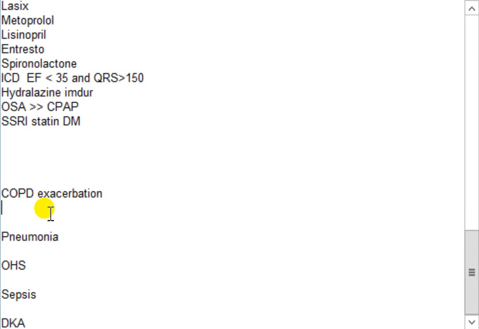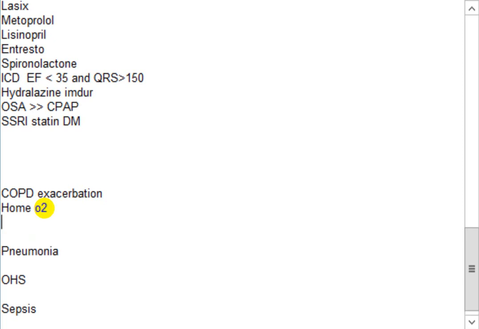You ask them about their medical history: if they have COPD, heart failure, asthma, cystic fibrosis, diabetes, the medications they're taking, are they compliant with their inhalers, how much home oxygen are they on, if they have obstructive sleep apnea, are they on CPAP.